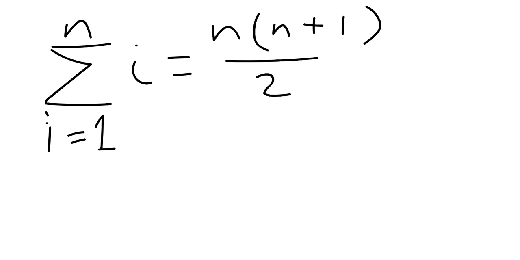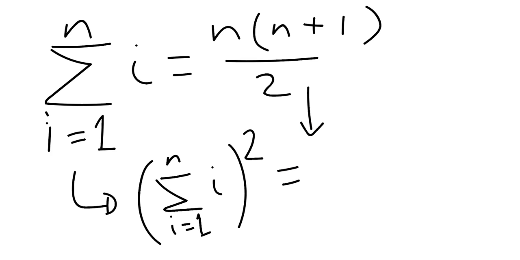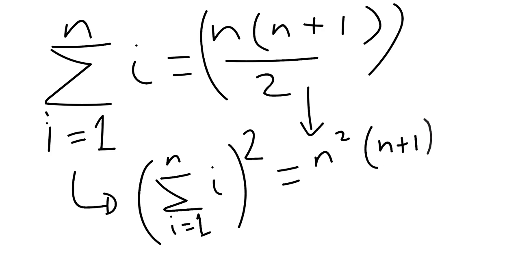And interestingly, if you square this summation, then we can just square this whole thing: n squared times n plus 1 squared all over 4.